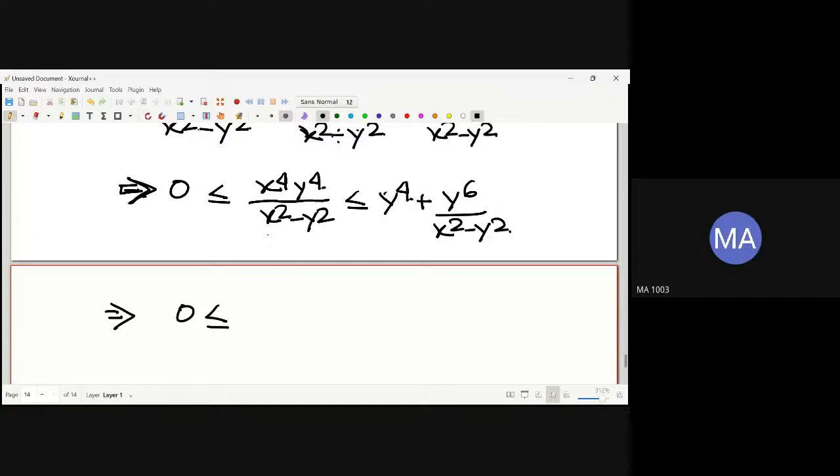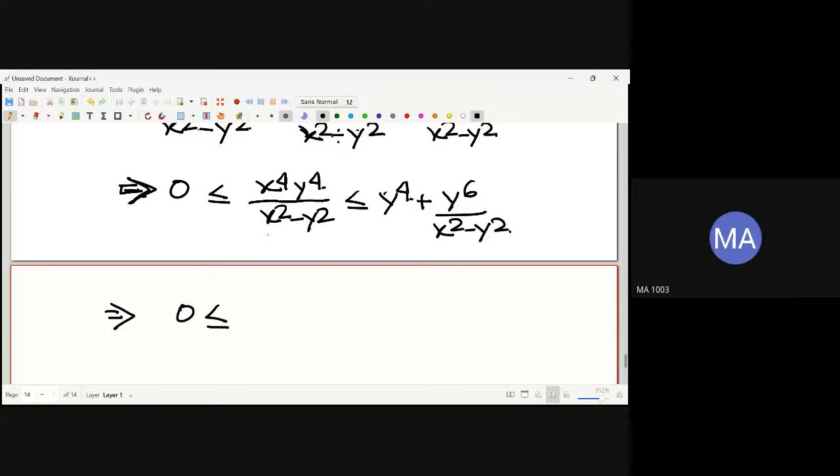And here, I'll get the square root of this thing. Okay, y power 4, then y power 6 times x square minus y square, right? So if I take x comma y tends to 0, this will give me 0, right? The only problematic part is this one, right? Yes.